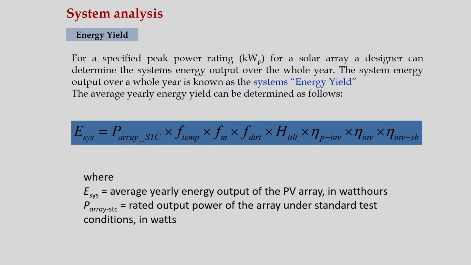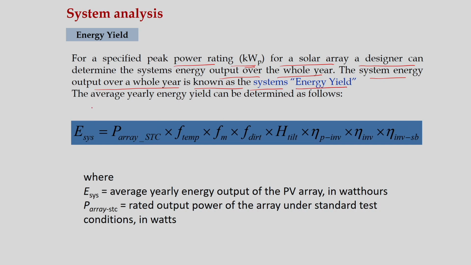Now, let us learn this system yield and different losses in a deeper sense. For a specified peak power rating for a solar array, a designer can determine the system's energy output over the whole year. The system energy output over a whole year is known as the system's energy yield.